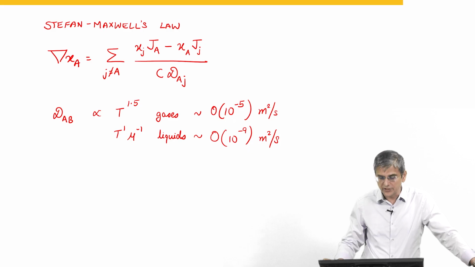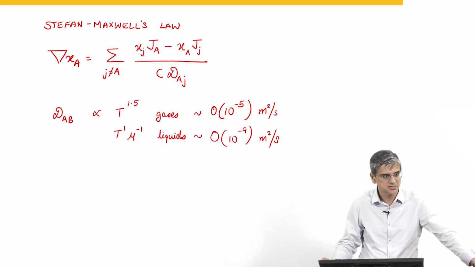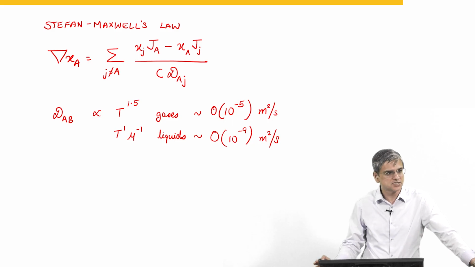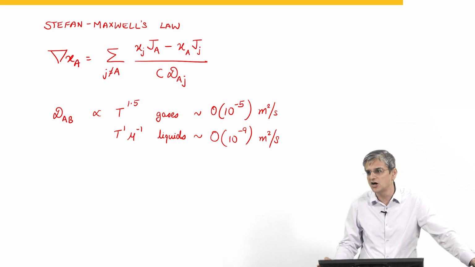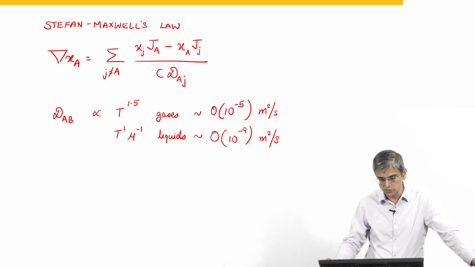So if you are looking at gases and diffusion in gases and you see that the diffusivity is say 10 to the power minus 2, minus 3, unless the temperature is really high, 10 to the power minus 3 is quite unlikely. You will then know that there is some mistake somewhere, either in the data or in our interpretation of the data.